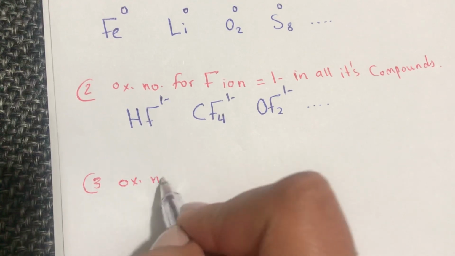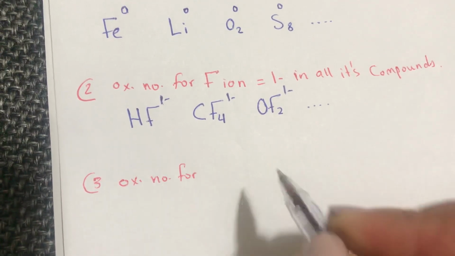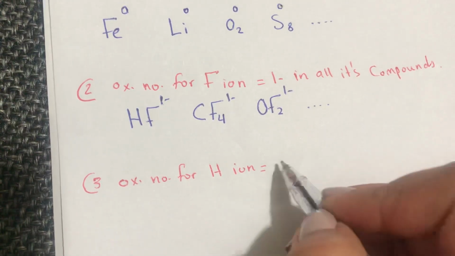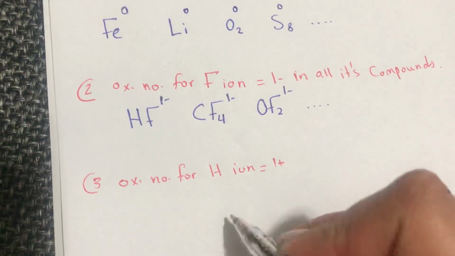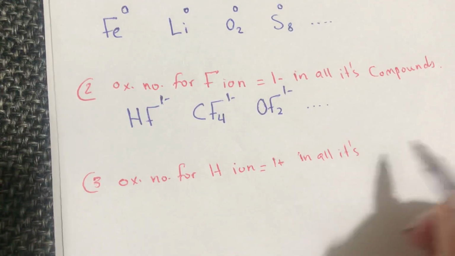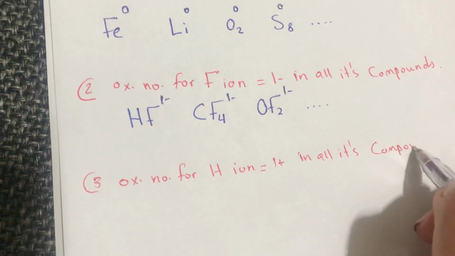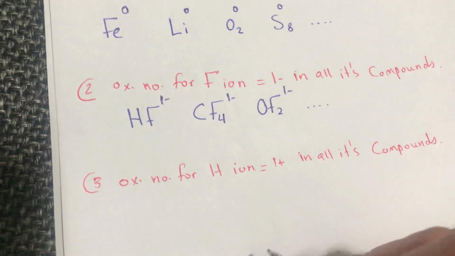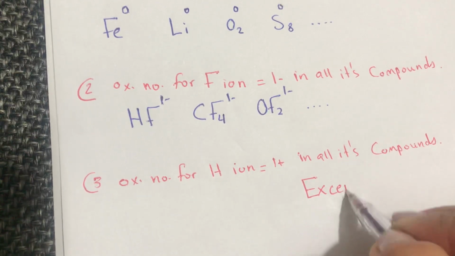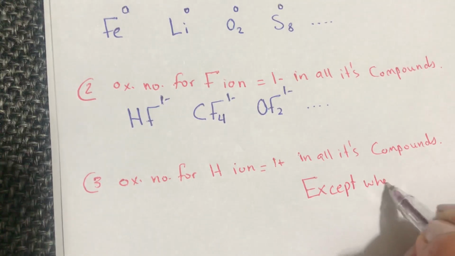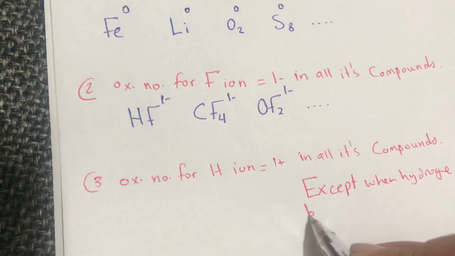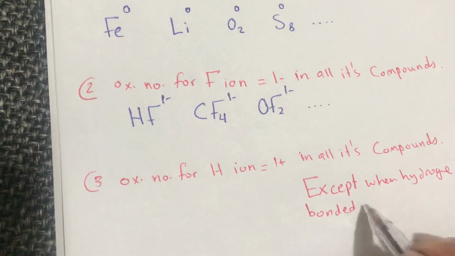Rule number 3, the oxidation number for hydrogen ion equals +1 in all its compounds, except when hydrogen is bonded to metal.